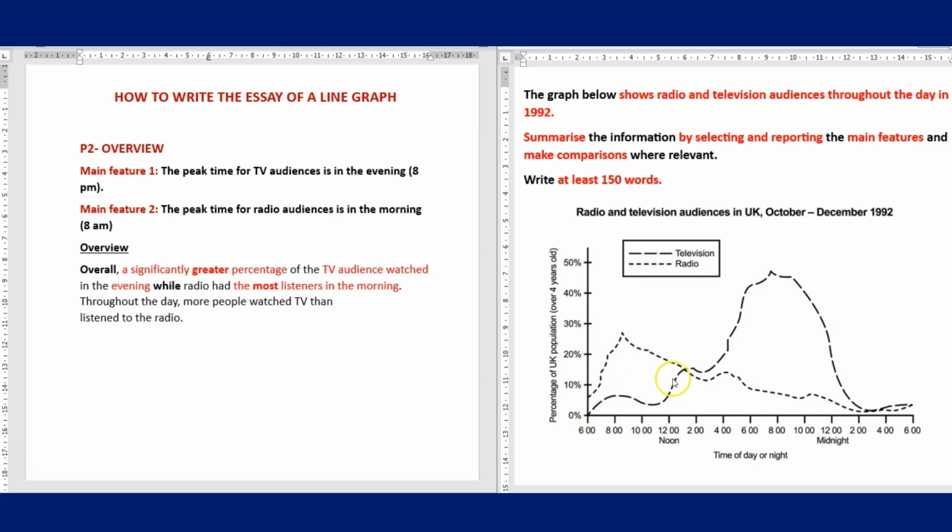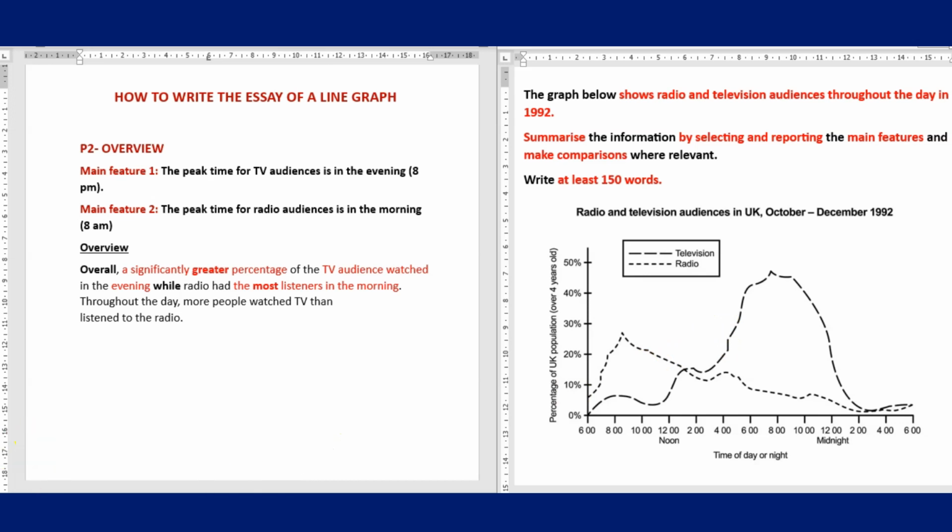If you take it from here, starting from 2 a.m. to 2 p.m. and throughout, they watch television more than they listen to the radio. So this is the overview of what we have when it comes to this particular question.